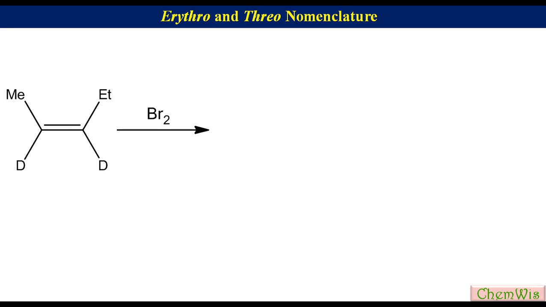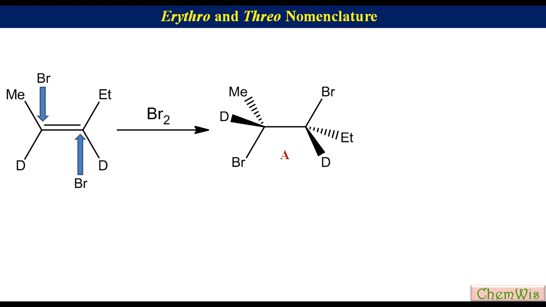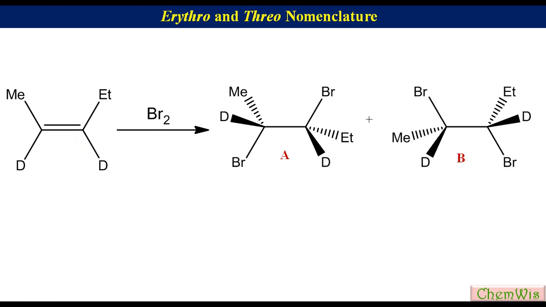Let's take the example of bromination of the same alkene. Bromination of an alkene is an example of anti-addition, means the bromine atoms will attack from the two opposite faces of the alkene. If attack occurs like this, it will give product A. If attack occurs like this, it will give product B. A and B are in staggered conformation with the same lateral deuterium atoms on the same side.